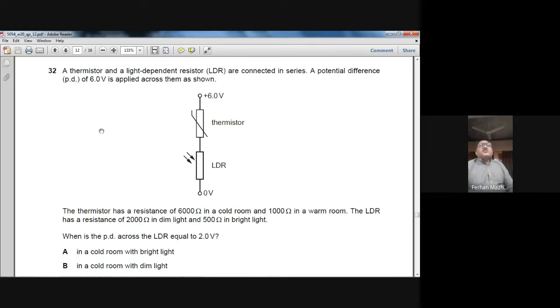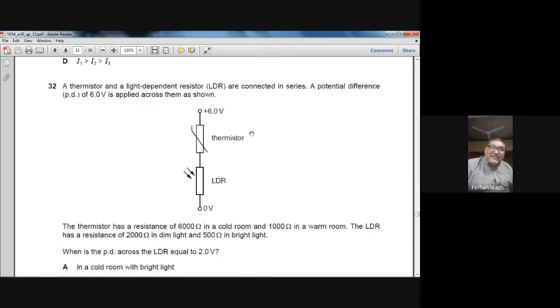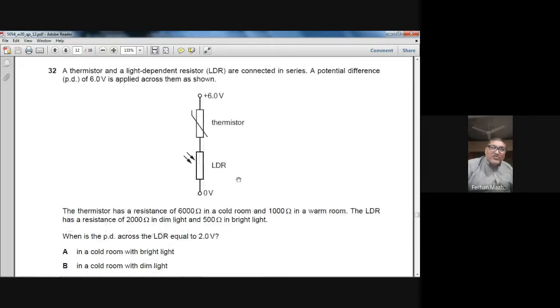When the potential difference across the LDR equals 2 volts, so here they have connected a voltmeter and they are measuring the voltage drop across the LDR. That is 2 volt. From the battery, 6 volts are coming, the LDR is taking 2 volts. It means that the thermistor will have to take 4 volt.